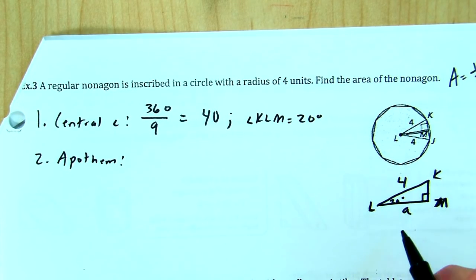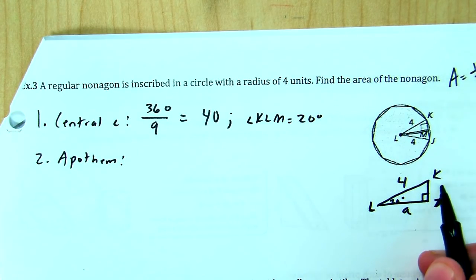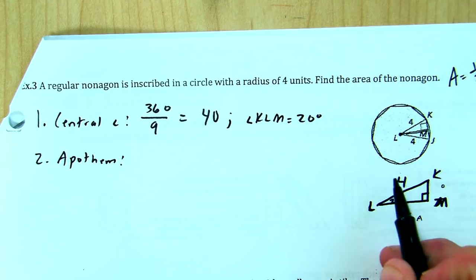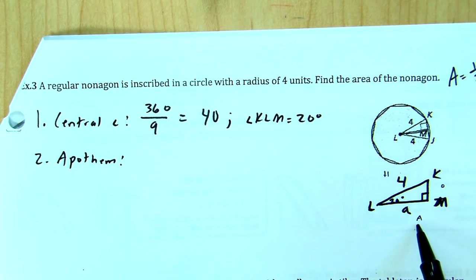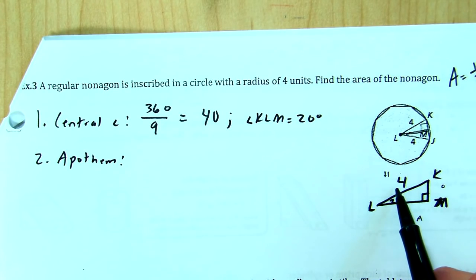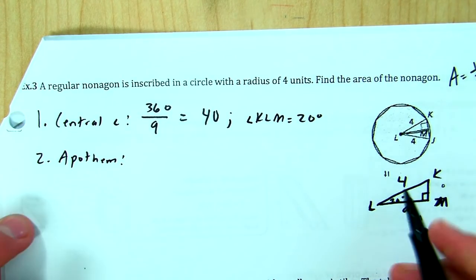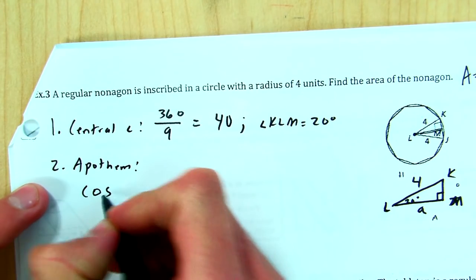It's also A because it happens to be my adjacent side. From the 20, here's opposite, here's adjacent, here's hypotenuse. So if I'm solving for adjacent, and I'm going to use the hypotenuse to help me, A and H, I'm going to use cosine.